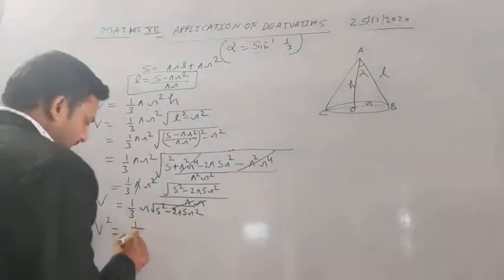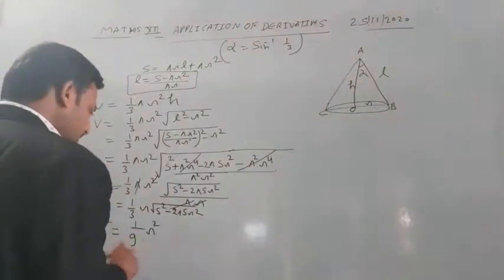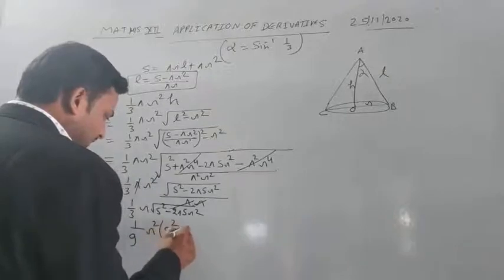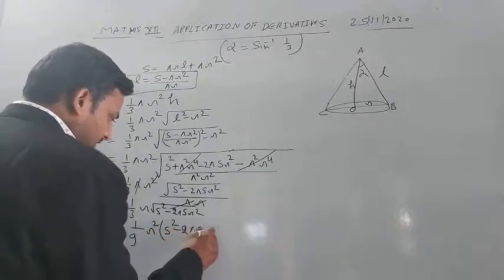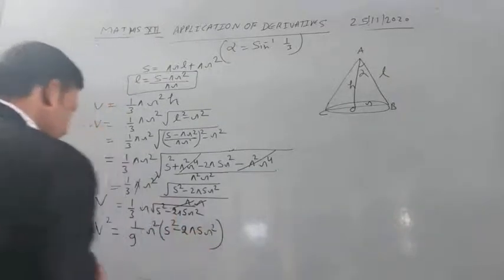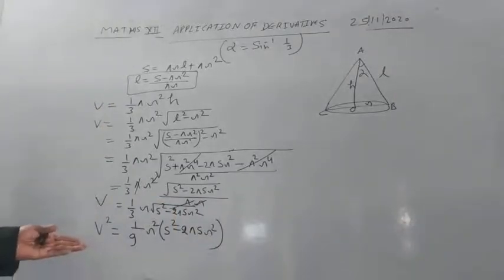Now we will square both sides. We get V square equals 1 by 9 r square under bracket s square minus 2 pi s r square. Now we will differentiate this term with respect to r.